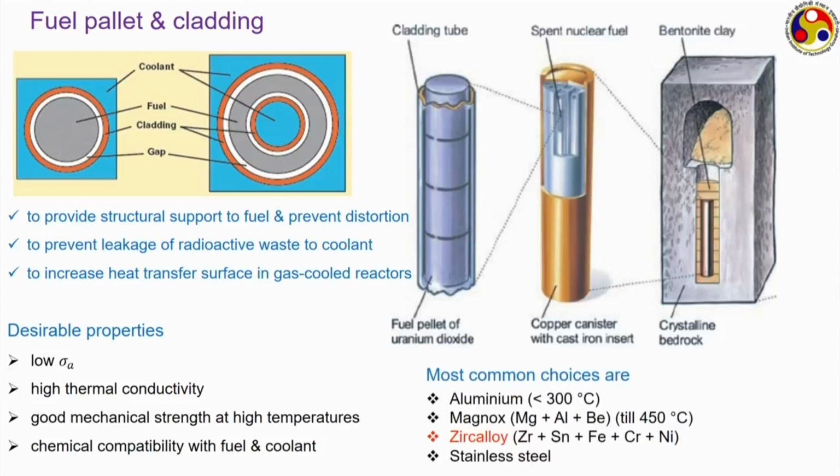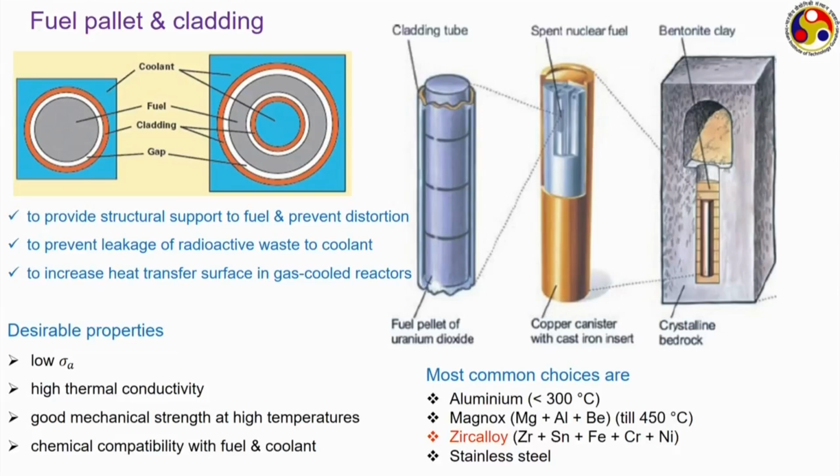These are the common cladding materials. Aluminum can be used only for temperatures less than 300 degrees Celsius. The second very important cladding material is magnox, which is actually an alloy of magnesium, and it can have aluminum and barium along with magnesium in it, and it can sustain up to a higher temperature of 450 degrees Celsius.